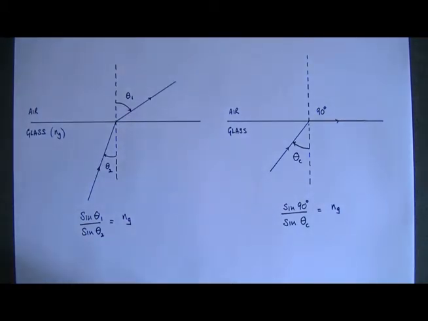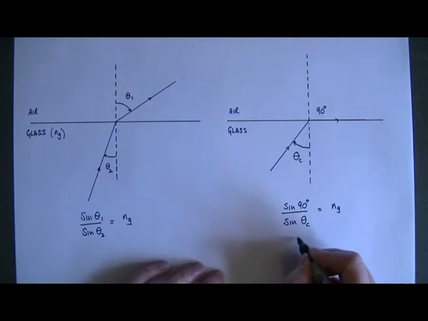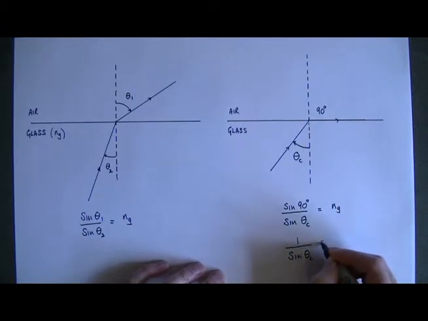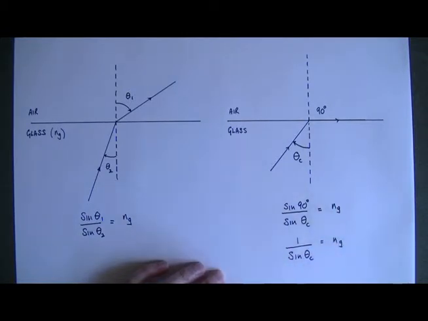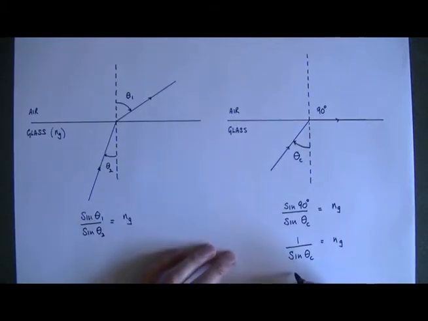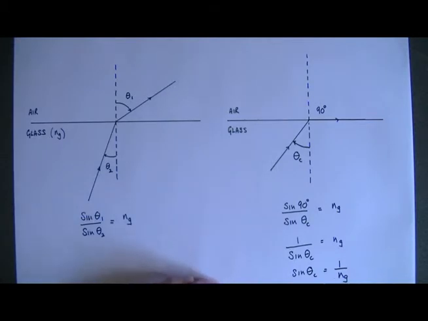Now we know that the sine of 90 degrees is 1, so 1 over sine theta c equals ng, or just rearrange that to get sine theta c equals 1 over the refractive index of glass.